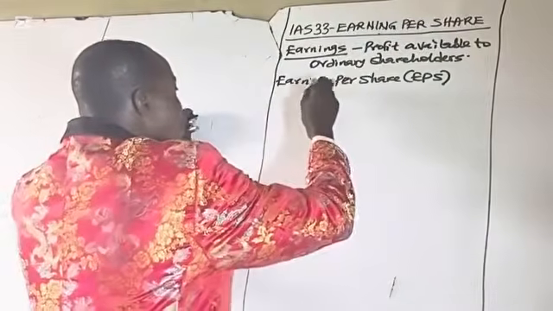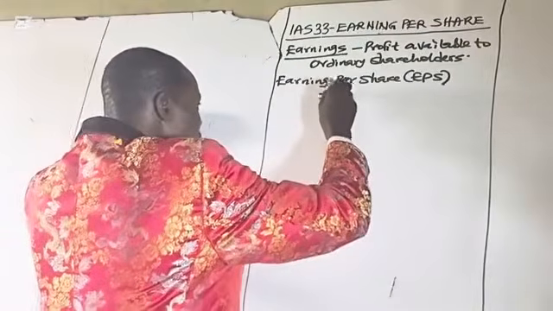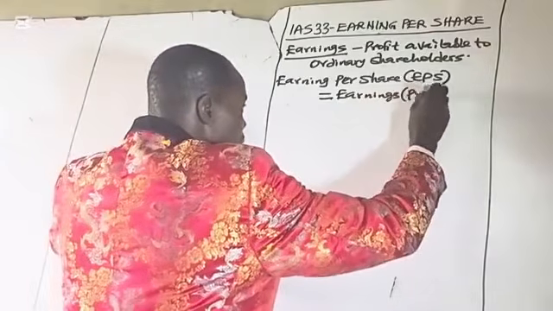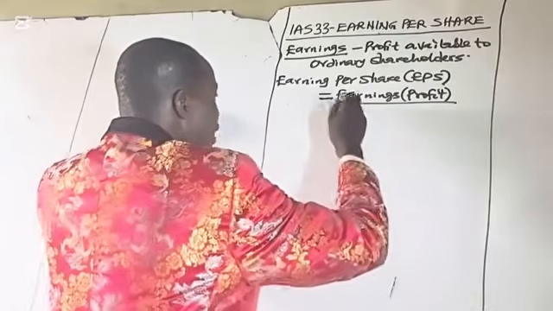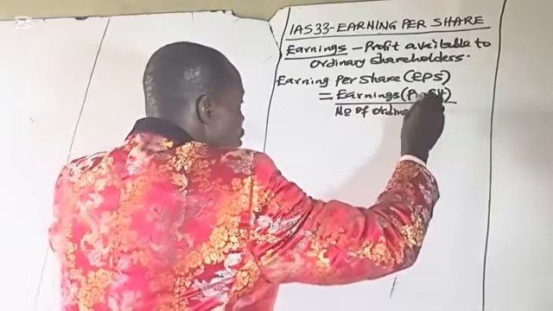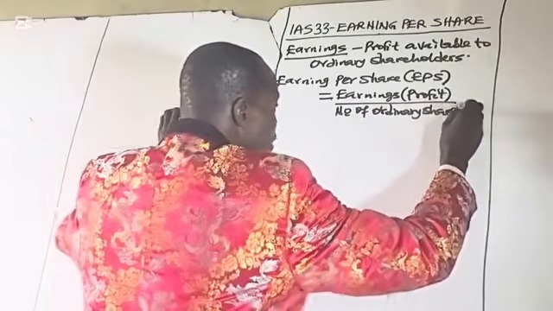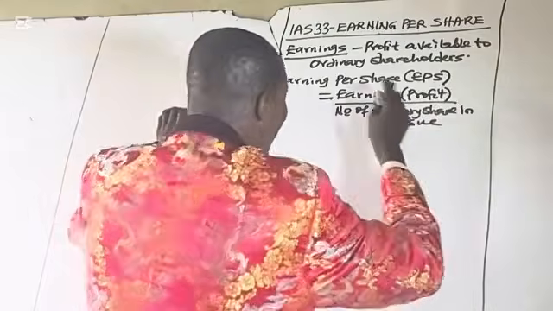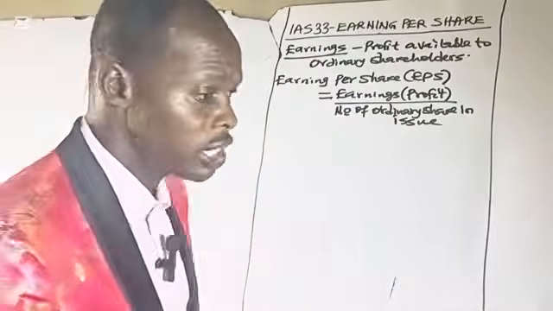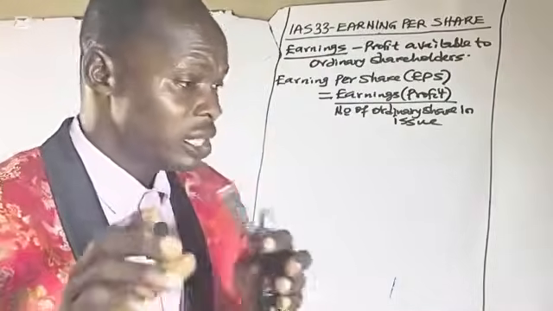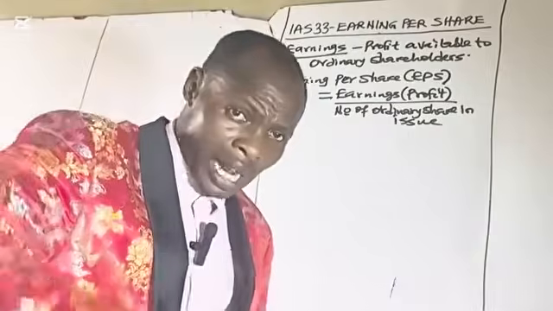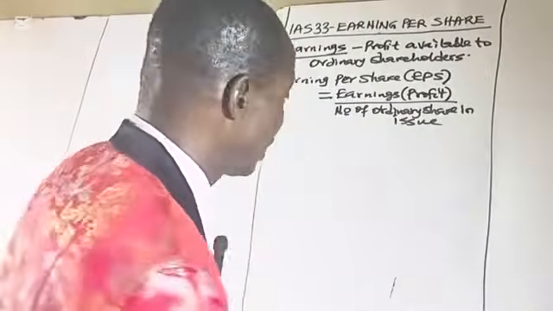That is, earning per share is earnings, that is profit, divided by the number of ordinary shares in issue. So the profit available to a unit of ordinary shares is said to be the earning per share.